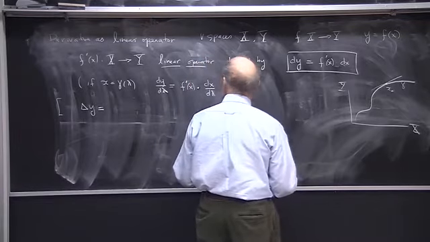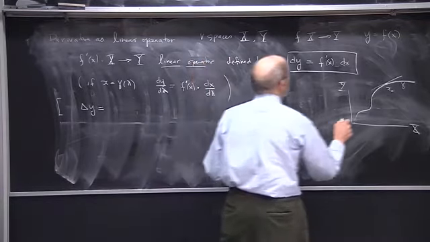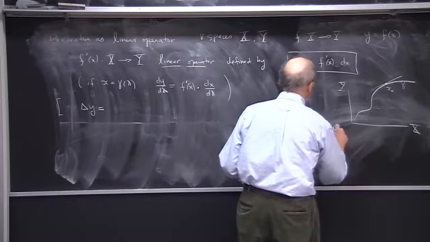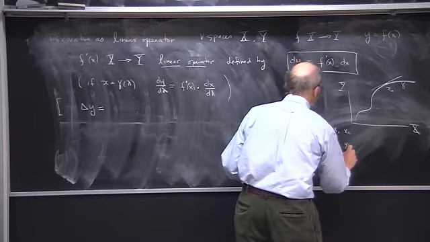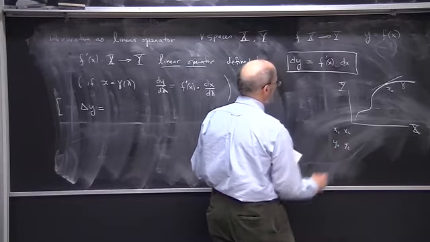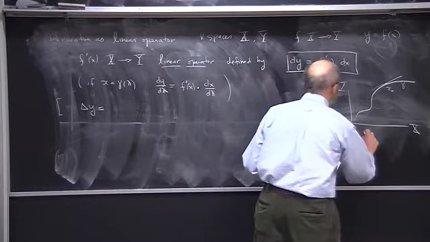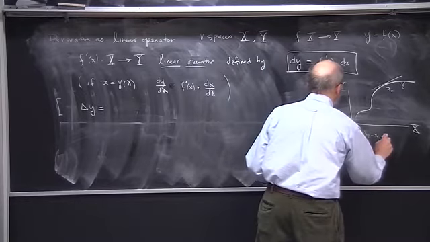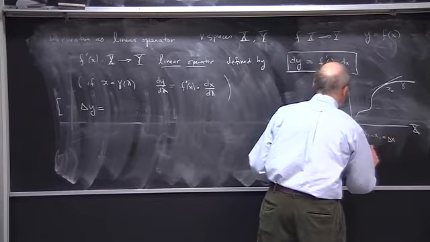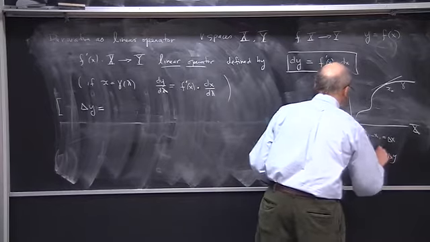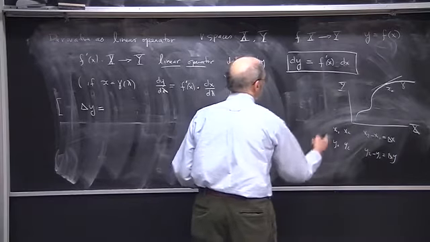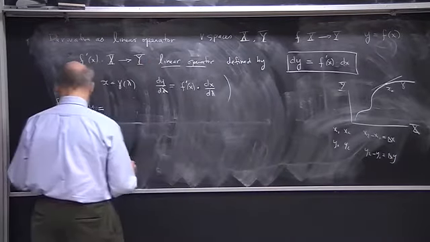If I have two values of x, say x1 and x2, and then y1 and y2 correspondingly, y1 is f of x1 and y2 is f of x2, then I'm defining x2 minus x1 to be delta x, and y2 minus y1 to be delta y, where y is always f of x.